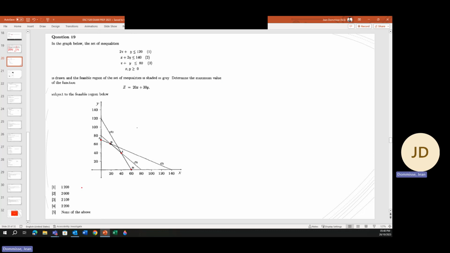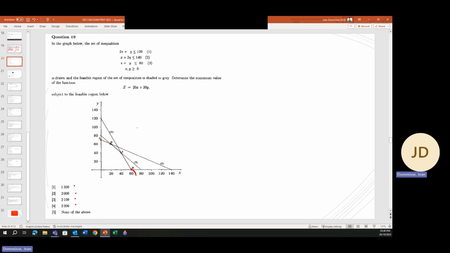In this instance, they don't ask you the point, they ask you what will the maximum value be. So we will need to put that point A, B, C, or D into this equation and find out what the value will be. Okay, so let's do that. There's always some easy ones that we can do first.